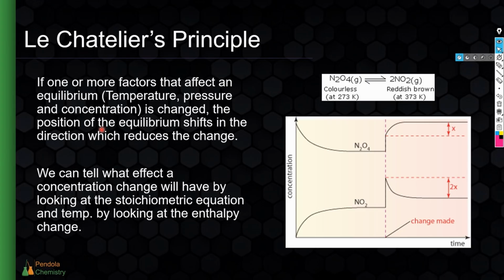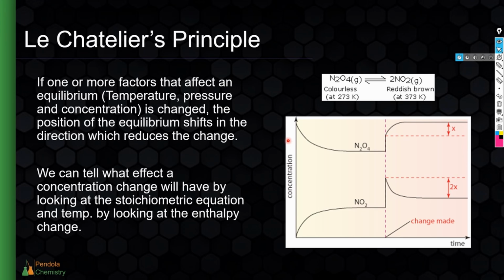So we can tell what effects concentration, temperature, or pressure will have on an equilibrium by looking at the stoichiometric equation and the enthalpy changes, depending on which we're looking at.